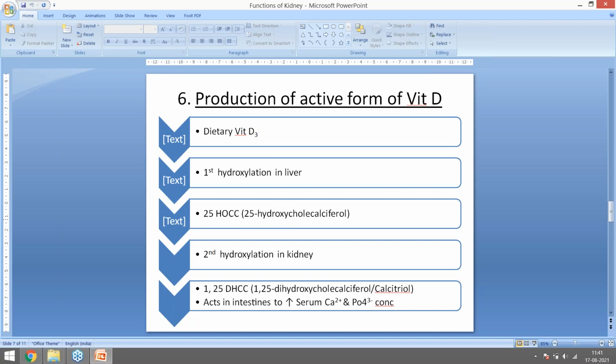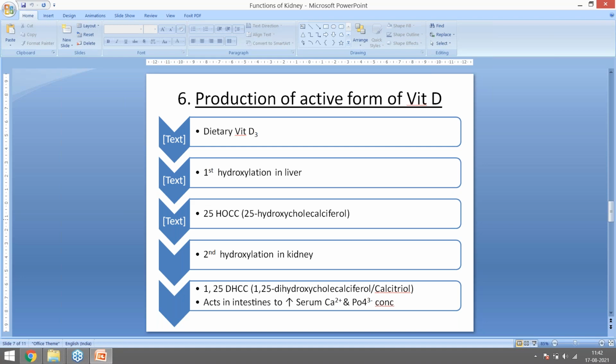Then production of active form of vitamin D. So whenever we consume the dietary sources of vitamin D3, the first hydroxylation takes place in liver, okay, and after that it is converted into 25-hydroxycholecalciferol.